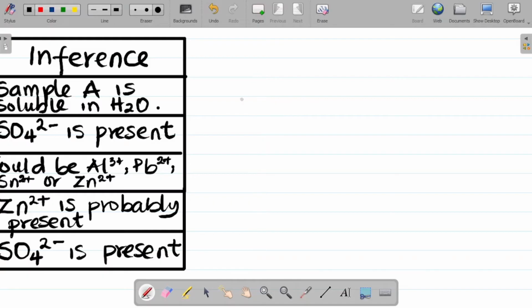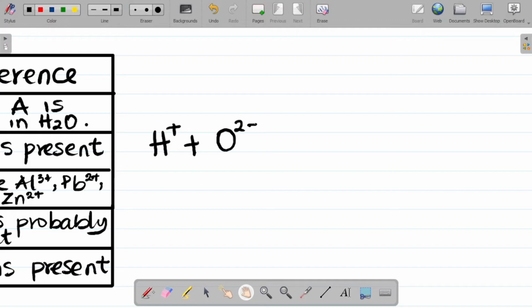I'll give an example. Let's say we want to form water using hydrogen ion and oxygen ion. A compound can be formed because these two can react, and they can react because they have opposite charges. And we've said when you have opposite charges, they attract.